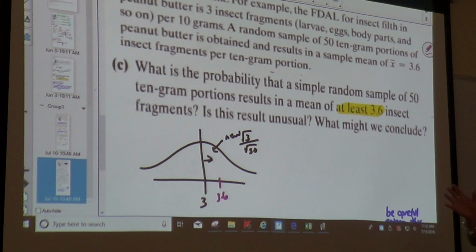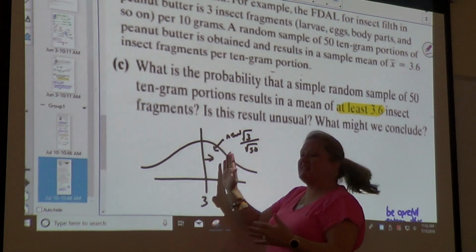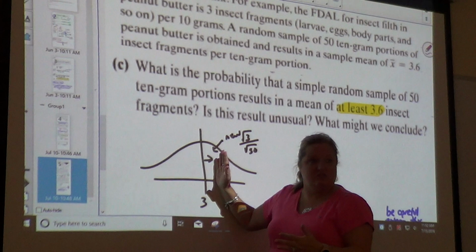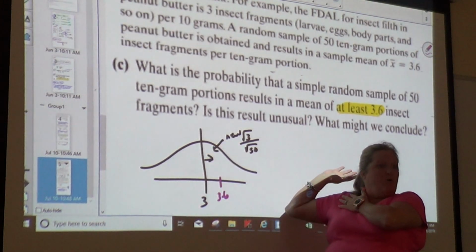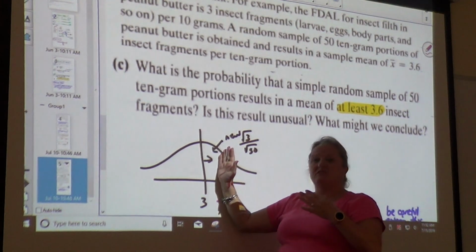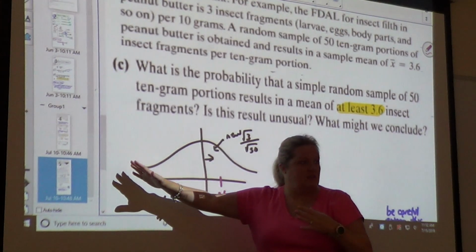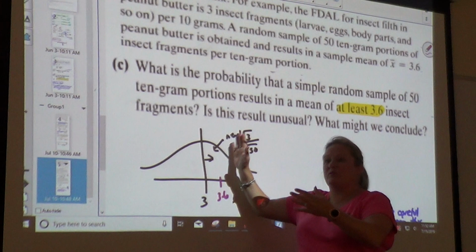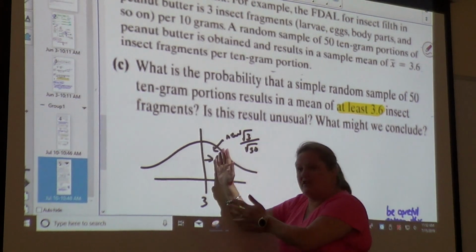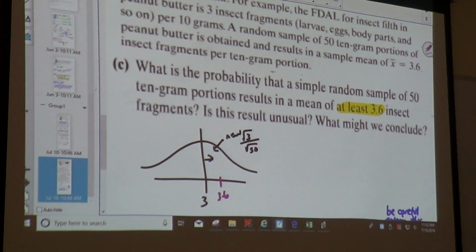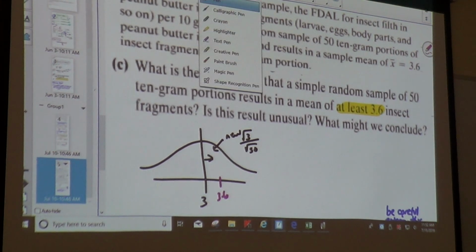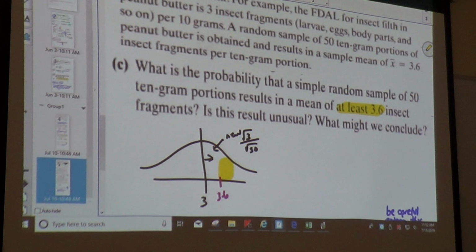But you shaded the wrong way. If you have at least $360, that means you have $360 or more. Most of y'all did or less. If you have at least $360, you have $360 or more in your pocket. So you should have been shading this way.